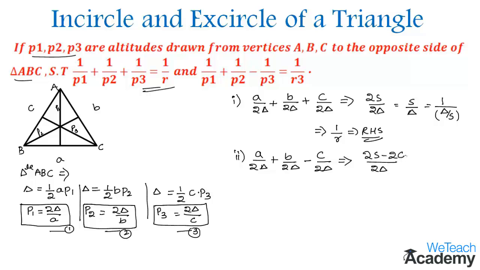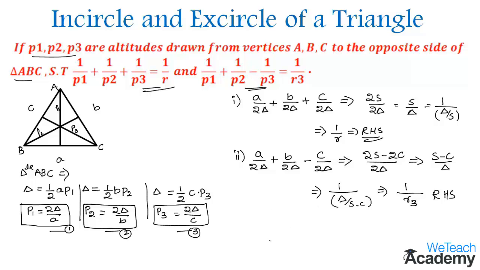And then taking 2 and cancelling we get S minus C by delta. So we can also write this in the form of 1 by delta by S minus C. So delta by S minus C is the formula of R3 under excircle. So we get the value 1 by R3, which is the value on the RHS side. So hence we proved the second condition.